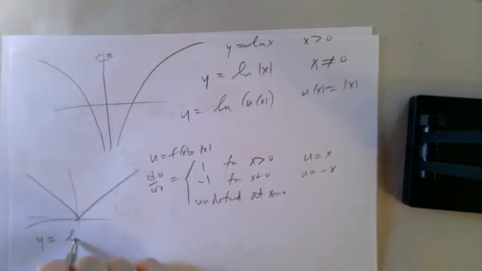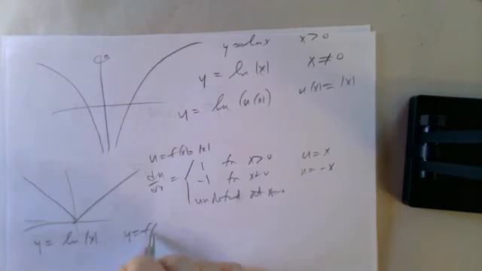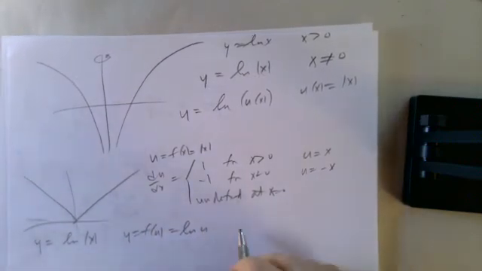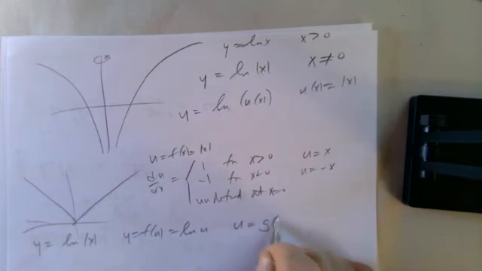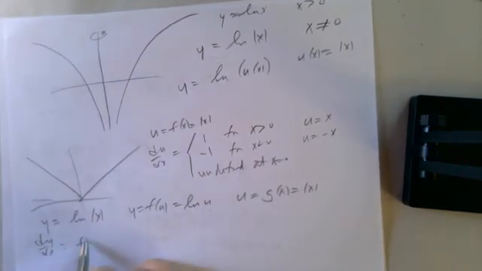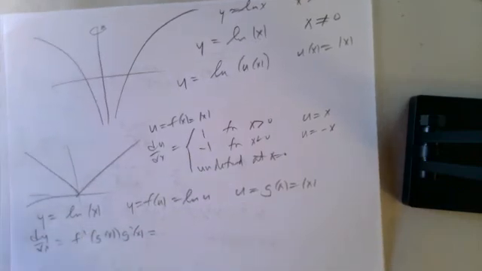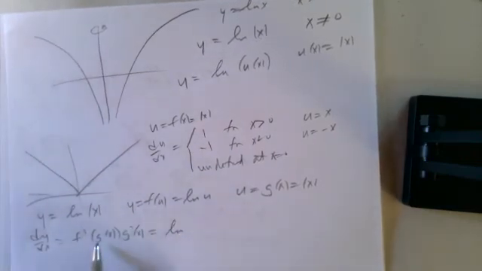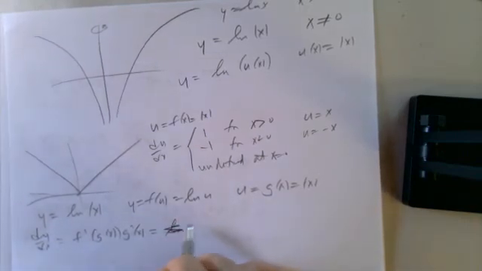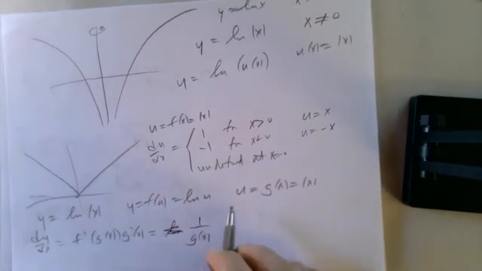So for y equals the log of the absolute value of x, y is some function of u, which is log u. U is a function g of x, which is the absolute value of x. So dy dx is f prime of g of x, g prime of x. F prime of u is 1 over u. So that's 1 over g of x, g prime of x.